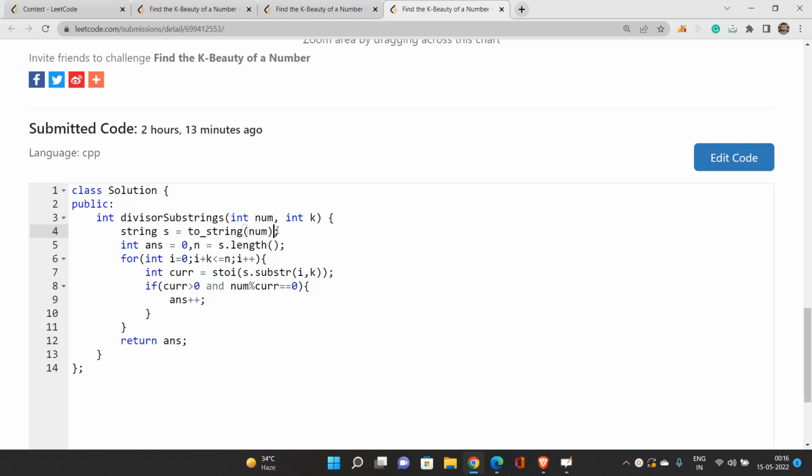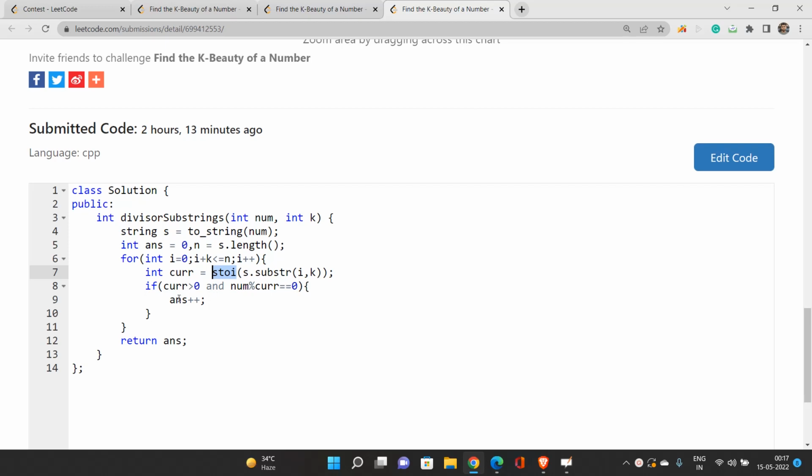So I will first convert the number into its string representation, let it be s, and our answer is initialized with 0, and n is the string's length. I'm going to consider every substring of length k present in this string s. So I will iterate from 0 while i plus k is less than or equal to n. We extract a substring of length k starting from index i, and convert it into an integer value with the help of the stoi function.